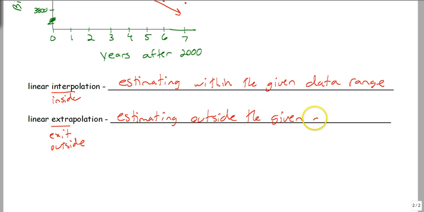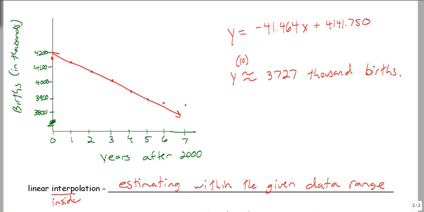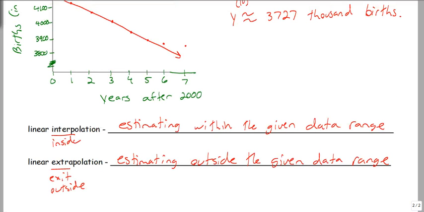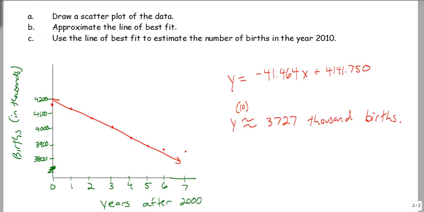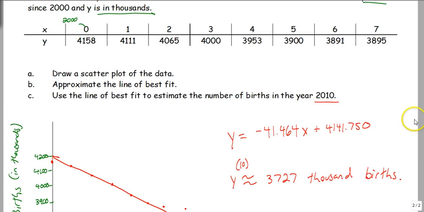What that means is that, actually I can give you an example with the one we just did. If we look at the last problem, I gave you a data range of 2000 to 2007. Sorry, pause the video here if you need to keep writing that. Then I said use the line of best fit to estimate the number of births in the year 2010. Well, is 2010 within 2000 to 2007?